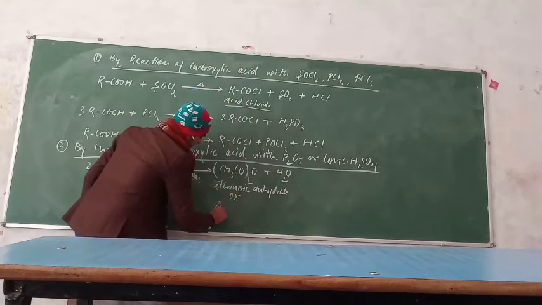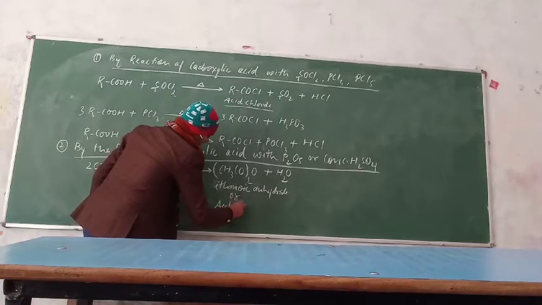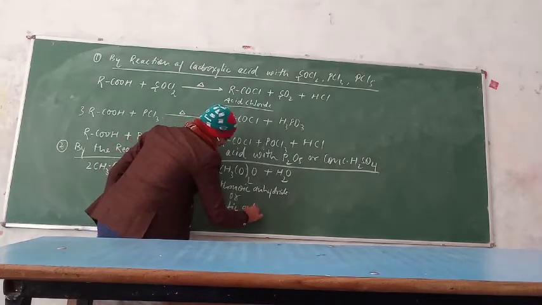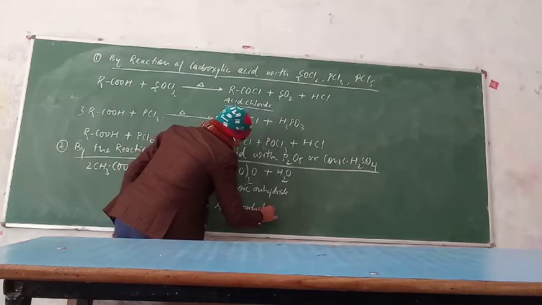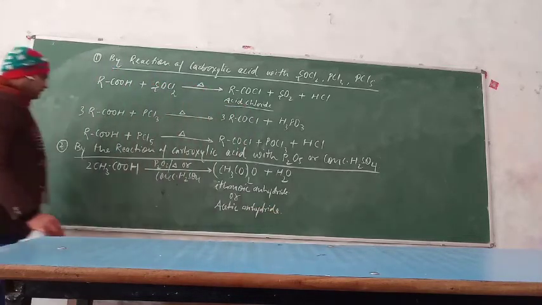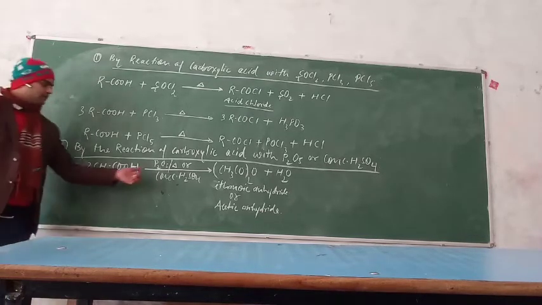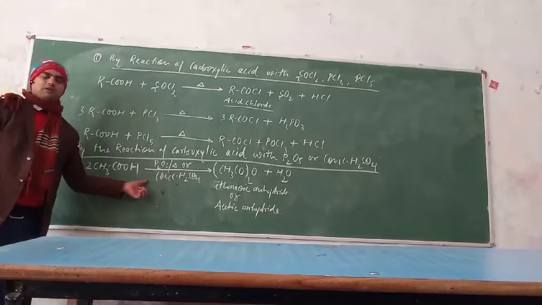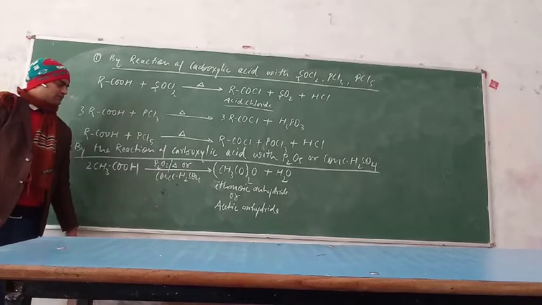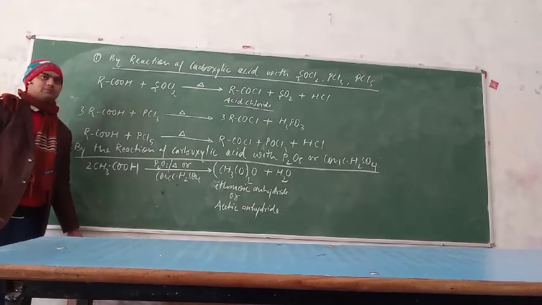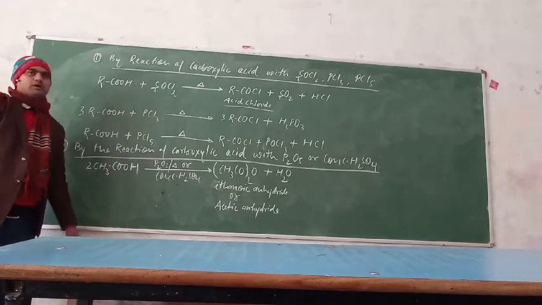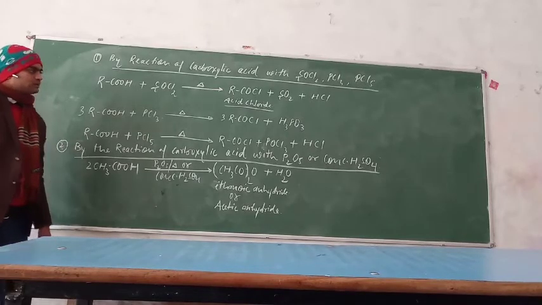The second name of this compound is acetic anhydride. Clear? So when the carboxylic acid is heated in the presence of this reagent, ethanoic anhydride or acetic anhydride is formed after the removal of one water molecule. Clear?